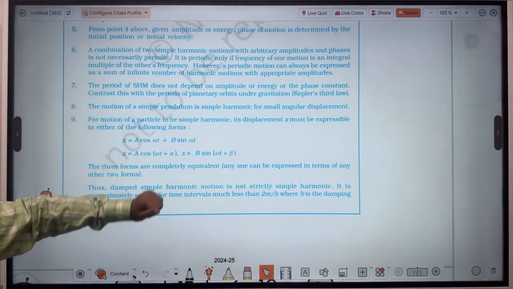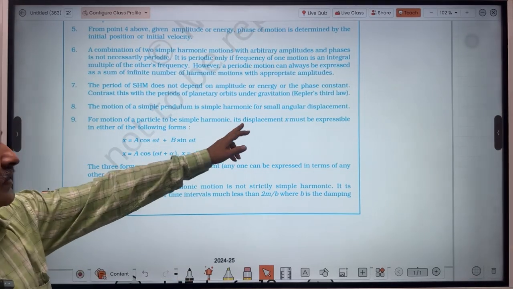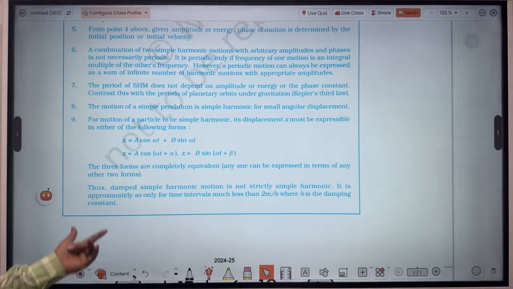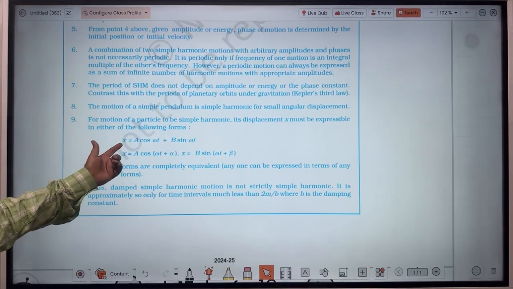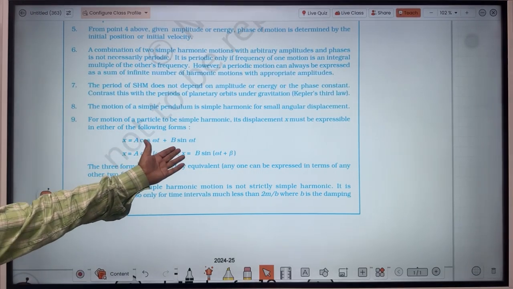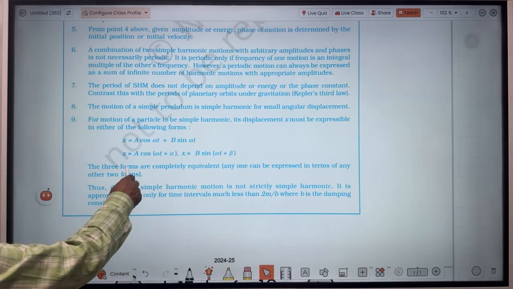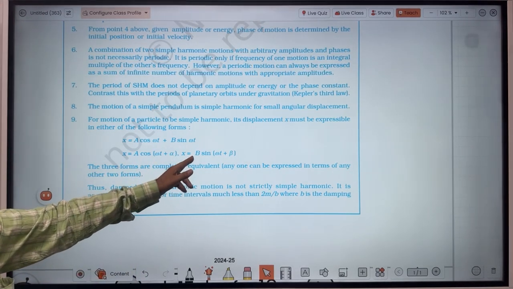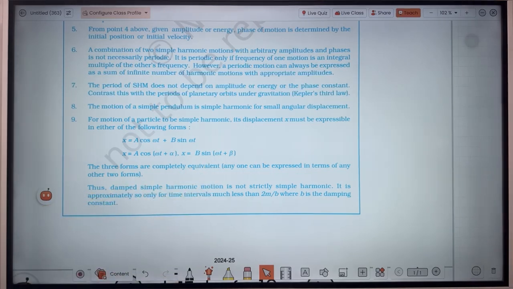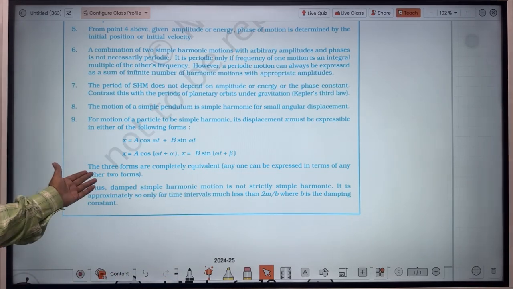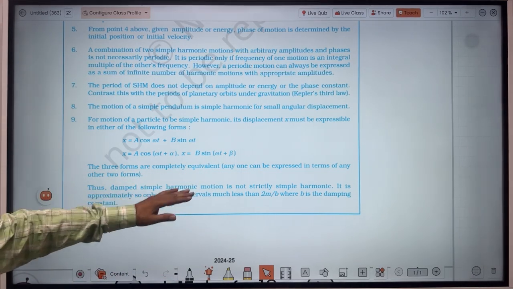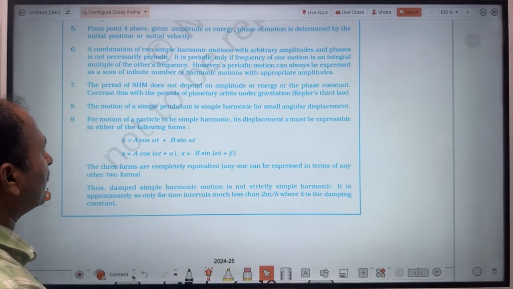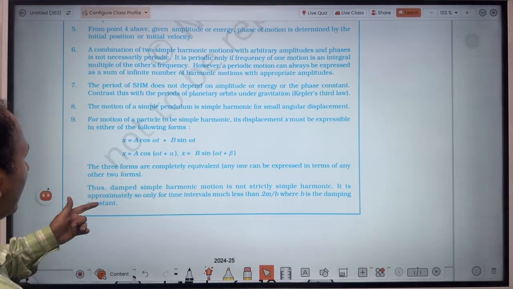For the motion of a particle to be simple harmonic, its displacement x must be expressible in either of the following forms: x equal to a cos omega t plus b sin omega t, or x equal to a cos of omega t plus alpha, or x equal to b sin of omega t plus beta. So the three forms are completely equivalent. Any one can be expressed in terms of any other two. We will see this later on.